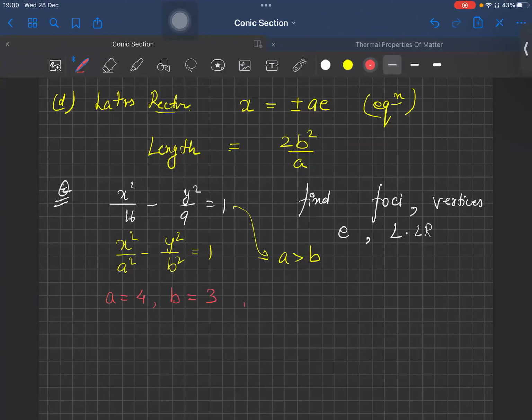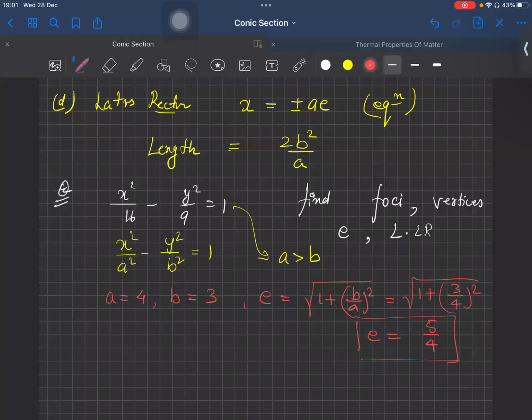Now from here we can find the eccentricity, which is equal to square root of 1 plus (b upon a) whole square. So square root of 1 plus (3 upon 4) whole square. This will be equal to 5 upon 4. That will be your eccentricity.